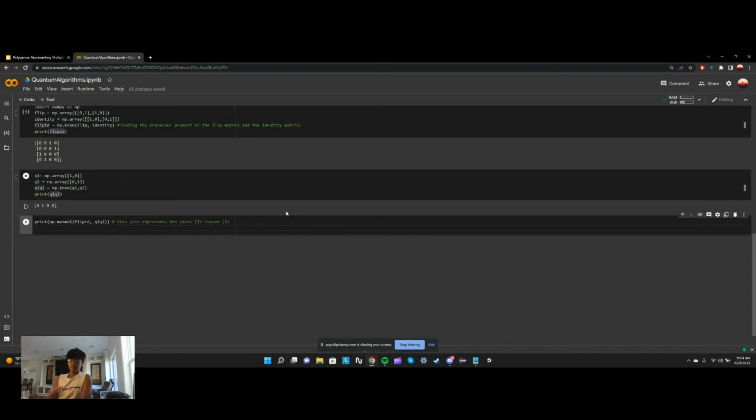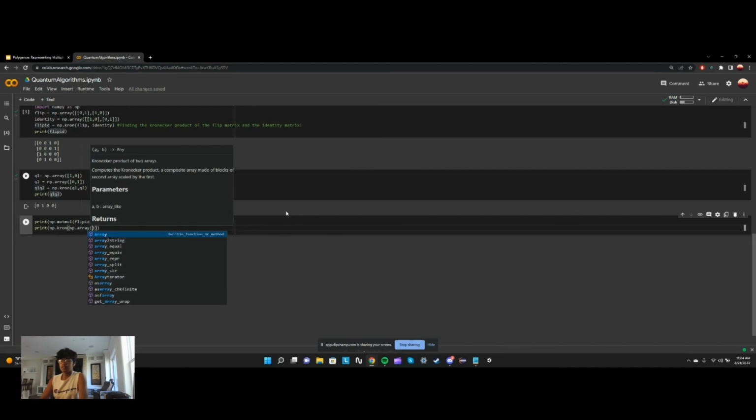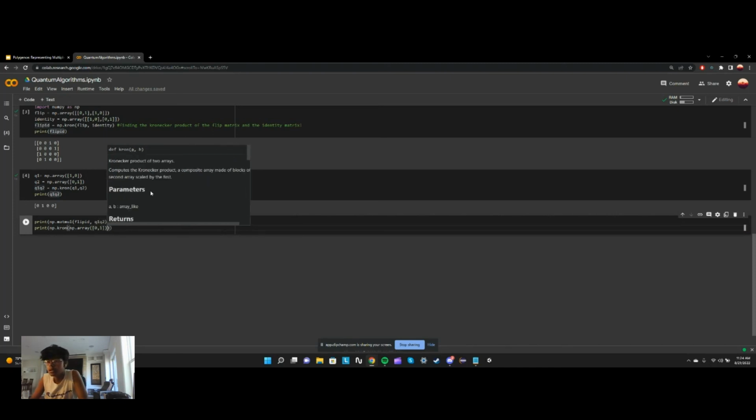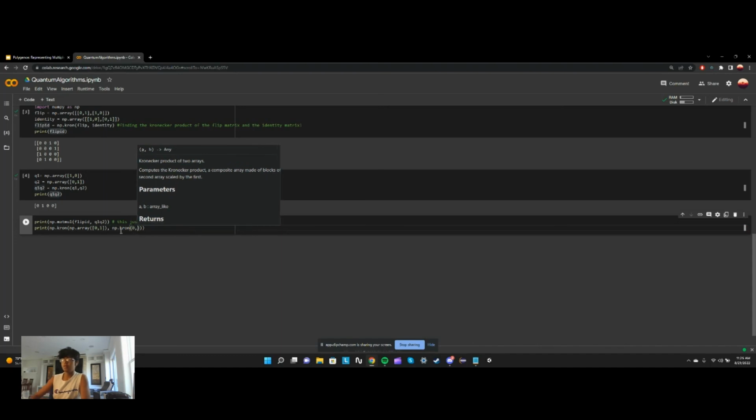Now we're going to be testing to see whether our operation gives us the expected state vector. So we're going to do print Kronecker product of np.array, so 2 arrays of 0, 1, which is the one state, remember? 0, 1. One state. And comma np.array 0, 1.